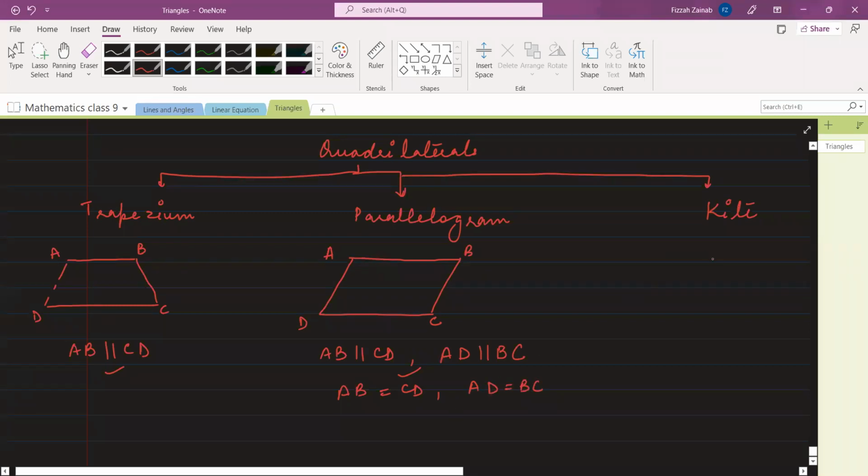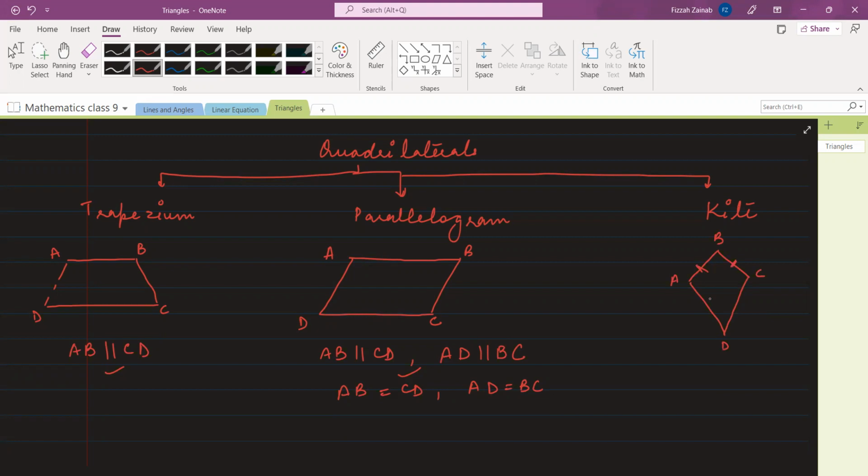Now kite, so it looks like this. In kite, what happens? The adjacent sides are equal. So, and then this is the shape of a kite. You must have seen it, correct? So A, B, C, D. So basically this side is equal to this side and then this side is equal to this side. So adjacent sides, not the opposite.